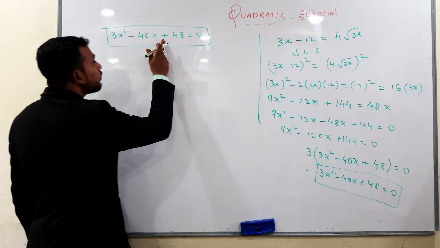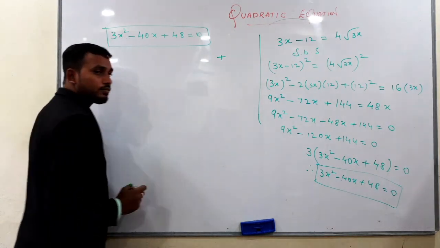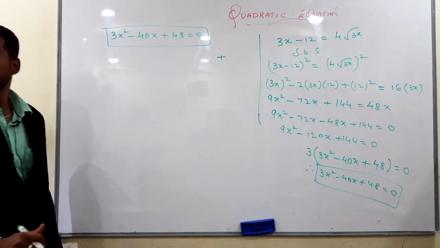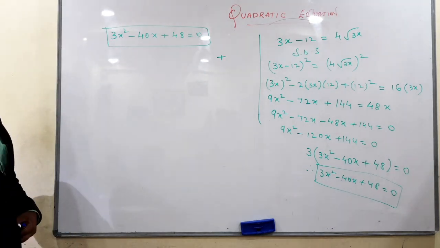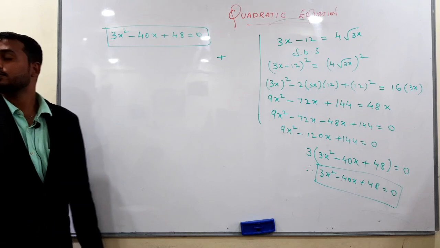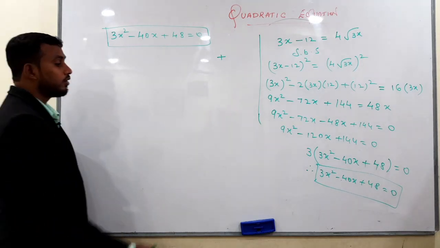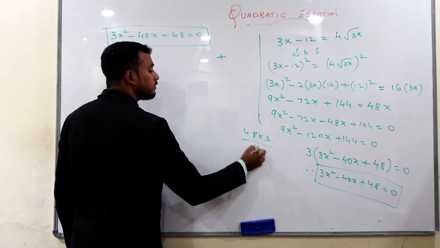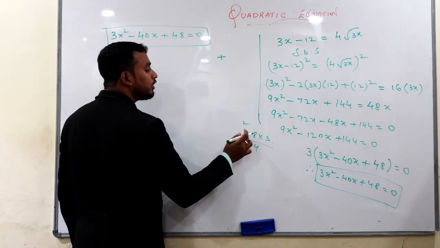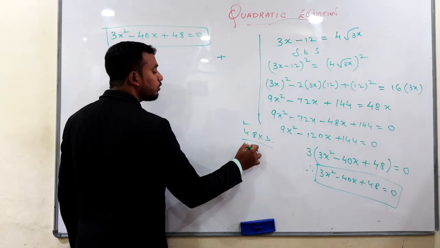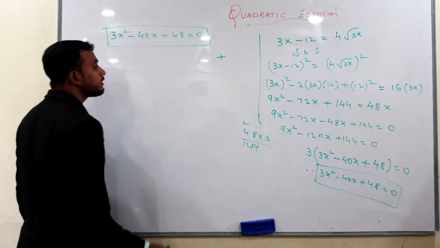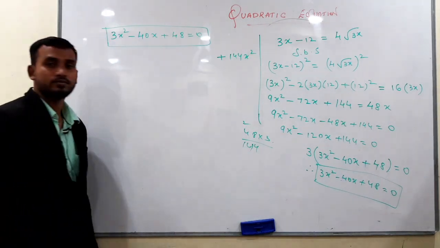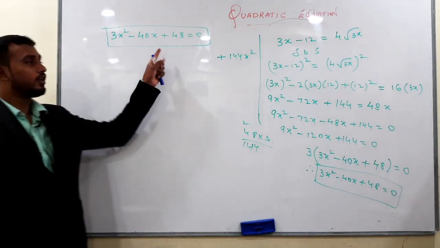Plus into plus is plus. 3 into 48 is how much? 48 into 3, 8 3s are 24, 3 4s are 12, 12 plus 2, 14. That is plus 144 x square.